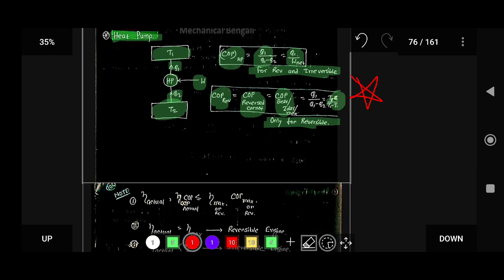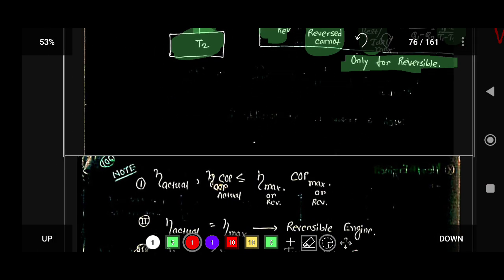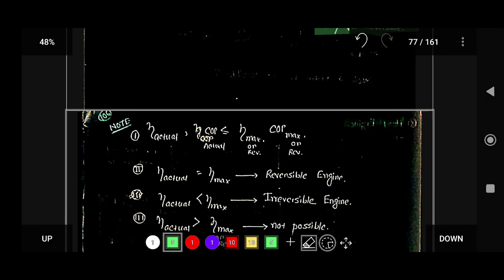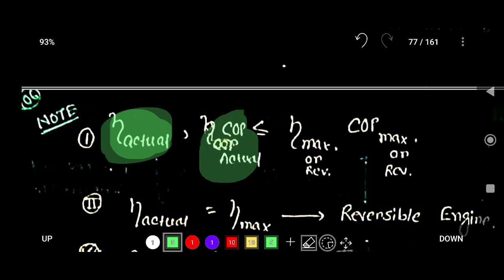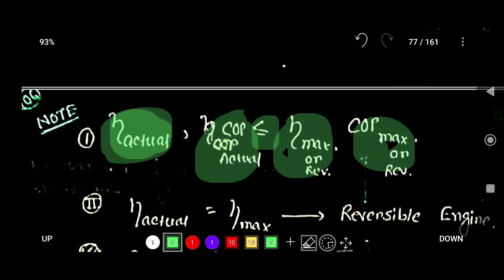Okay, now from here you can conclude that the actual efficiency or the COP, coefficient of performance, actual, is always less than the maximum or reversible efficiency, or you can say the COP of maximum or reversible.